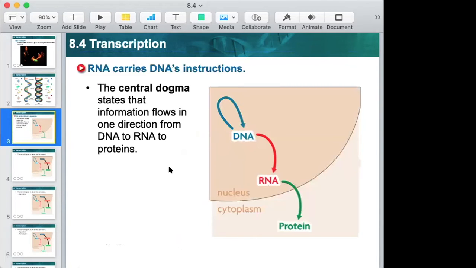Okay, so I mentioned this, but we'll go through this in more detail now. So RNA carries DNA's instructions. There's a central dogma in biology which says information flows in one direction, from DNA to RNA to proteins.